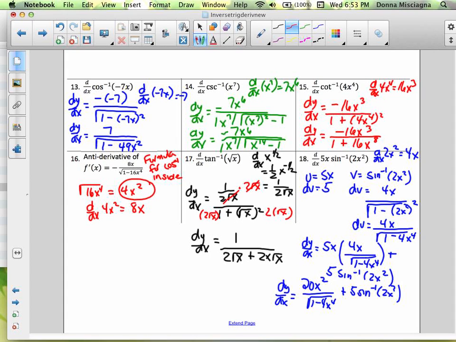There's a negative there, I just can't see it. All right, so this is going to be f of x equals arc cos of 4x squared.